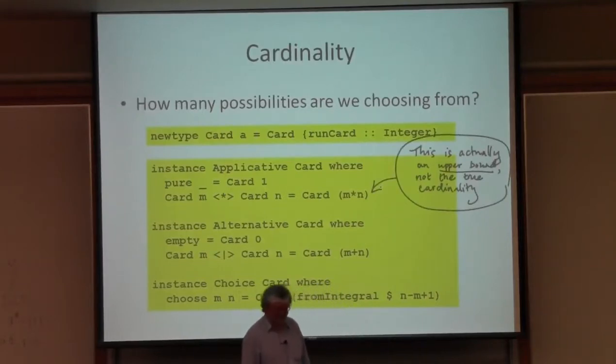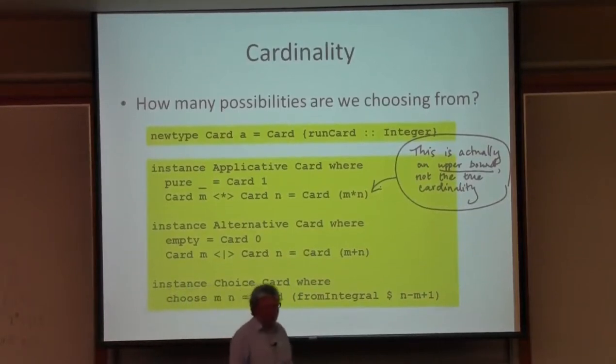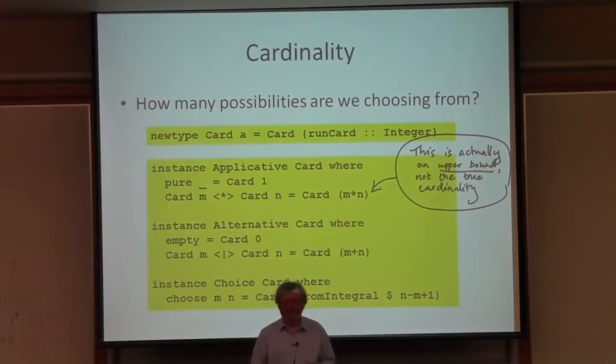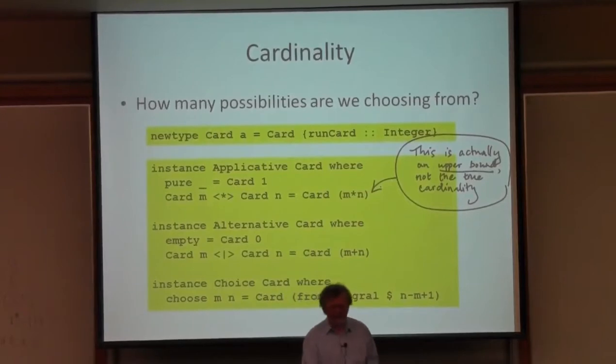Before you pick me up on this, this is not generating the actual cardinality of the set of possible values. It's generating an upper bound. Why is that? Because even if we generate m functions and n arguments, there might be many different ways of getting the same result by combining a function and an argument.